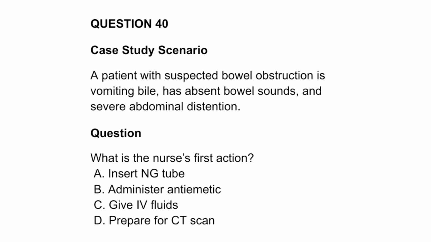Question 40. Case study scenario. A patient with suspected bowel obstruction is vomiting bile, has absent bowel sounds, and severe abdominal distension. Question: what is the nurse's first action? A. Insert NG tube. B. Administer antiemetic.